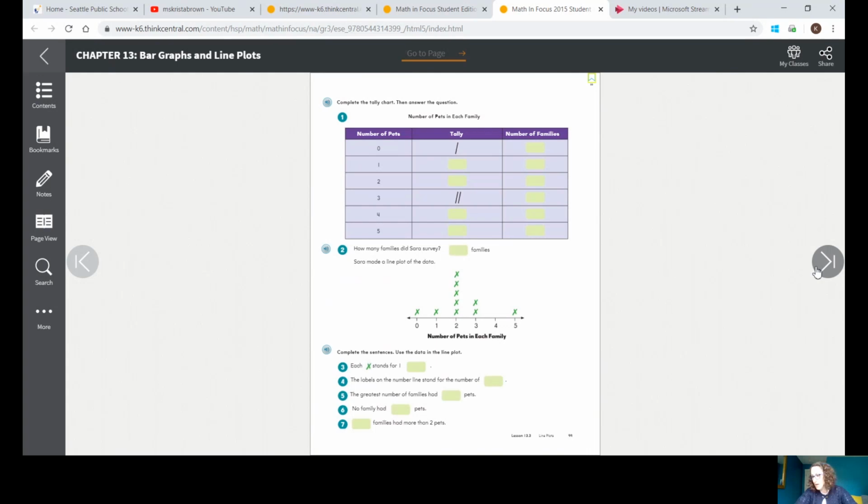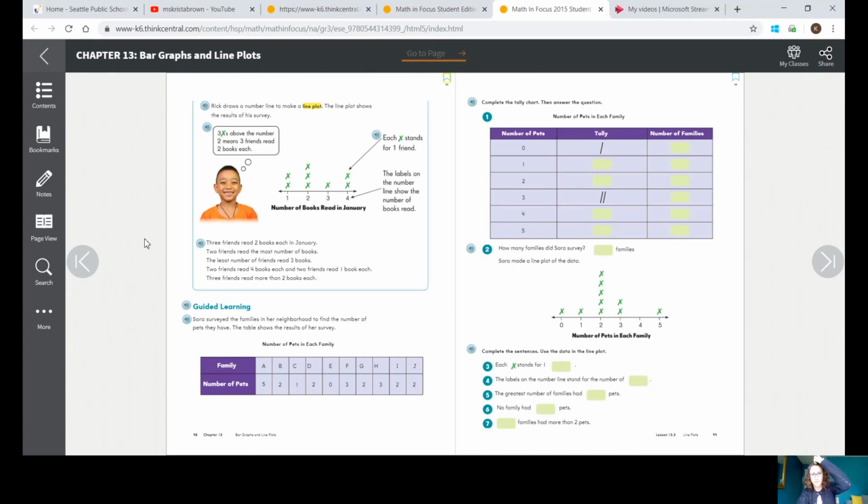Let's look at page 99. Here's where it actually starts. Complete the tally chart, then answer the question. Okay, so for this one, you're going to need to be able to see that data. Let me change my page view here. Okay, so for 0, were there anybody over here that had 0?